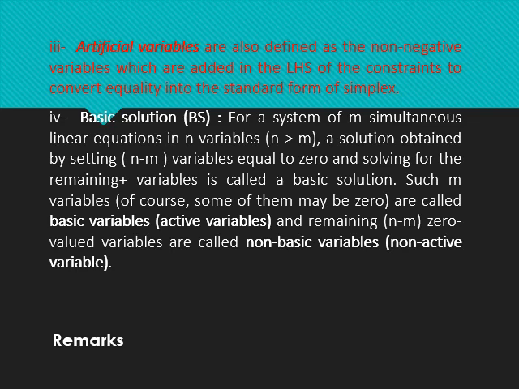Now we have introduced three variables: slack variables, surplus variables, artificial variables. Artificial variables are very widely used in the big M methods.